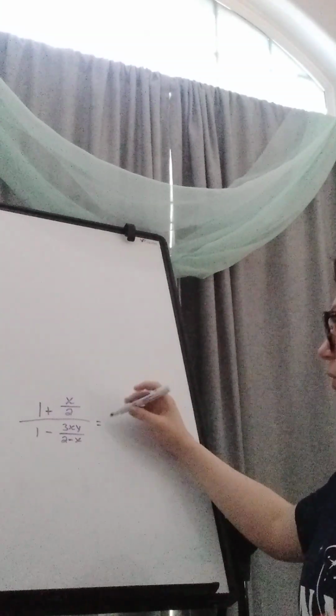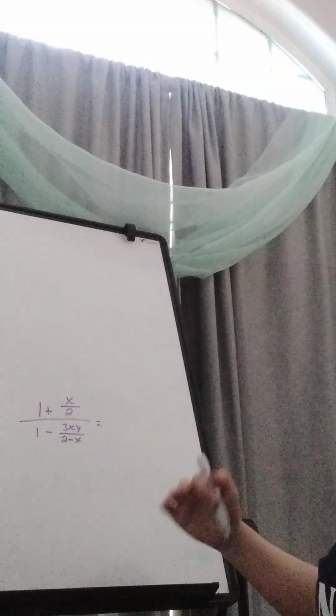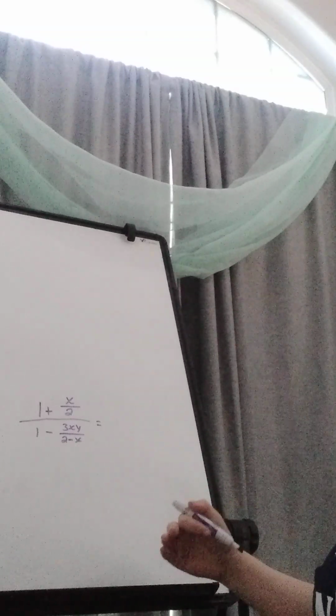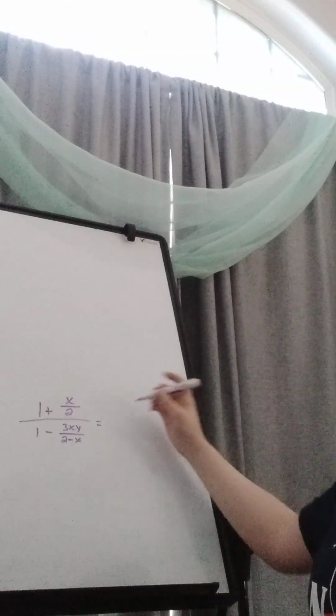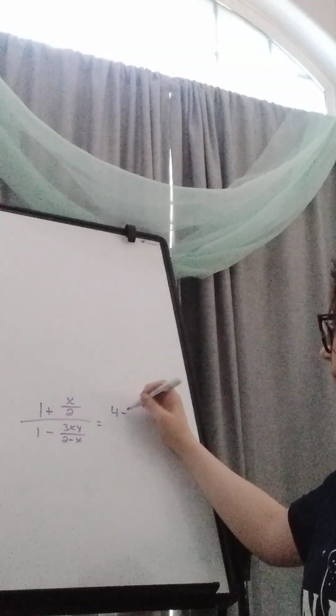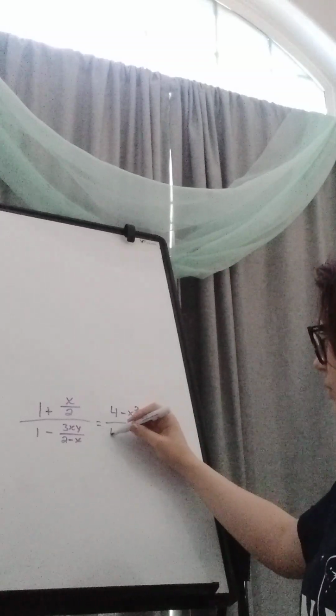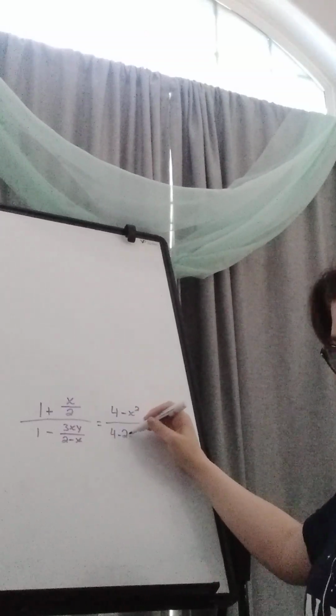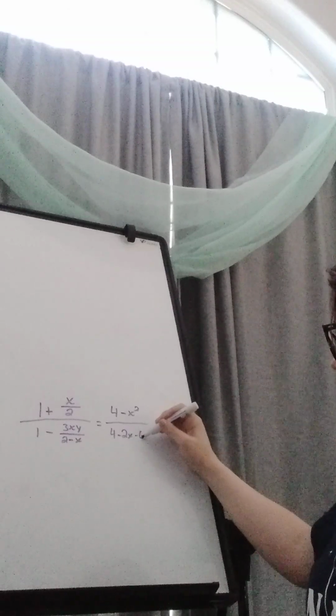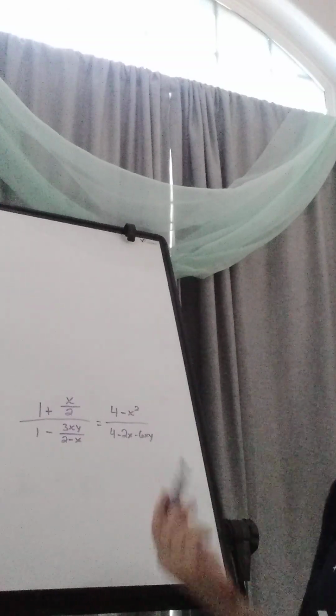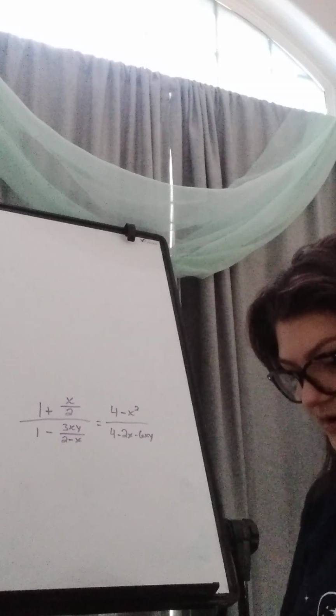The answer to 1 plus x over 2 all over 1 minus 3xy over 2 minus x is 4 minus x squared over 4 minus 2x minus 6xy. And that is our final answer there.